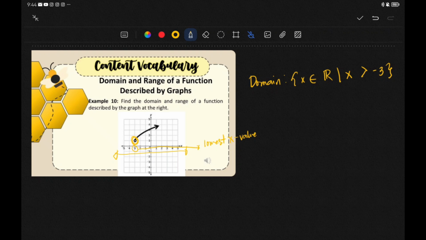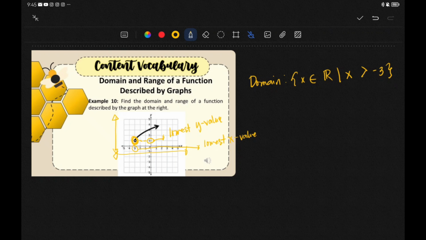For the range, we are going to look for the y values or outputs vertically. As you can see, the graph has a hole at positive 1. This hole is in line with positive 1. Therefore, our positive 1 is the lowest y value.